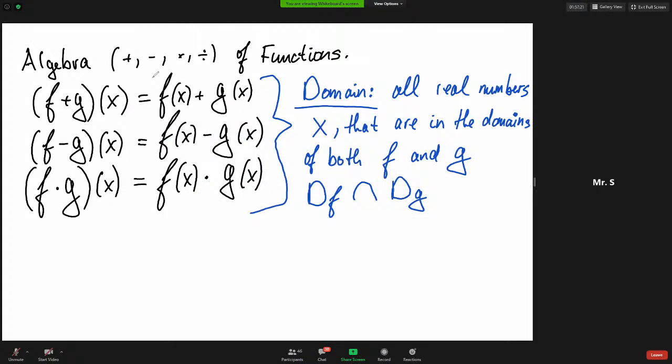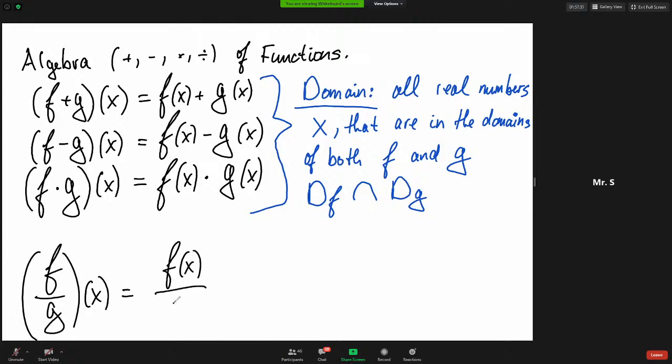Now, division, it's still defined similarly. F over g is the quotient, and it's defined as f of x divided by g of x, but the domain has a few more parts to it. Not only do we have to consider both of the domains of f and g, but we also have to exclude whatever x's make the denominator equal to 0.